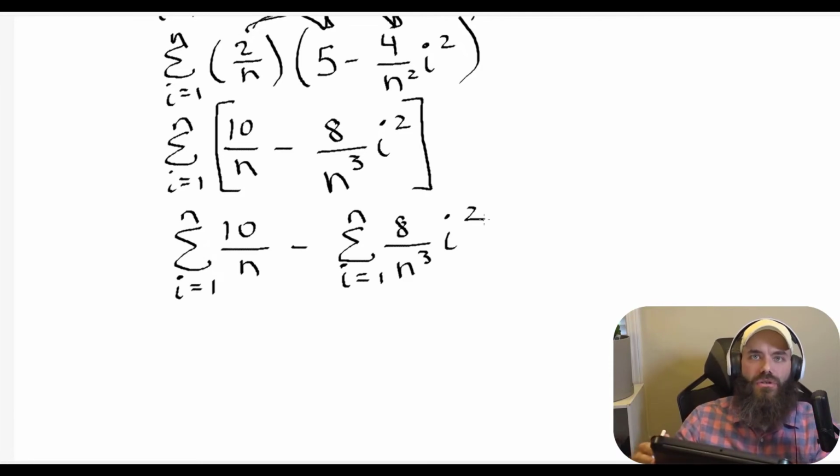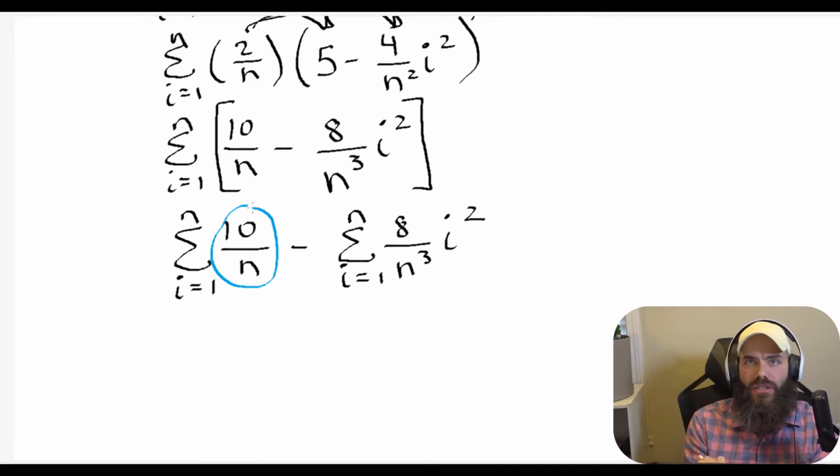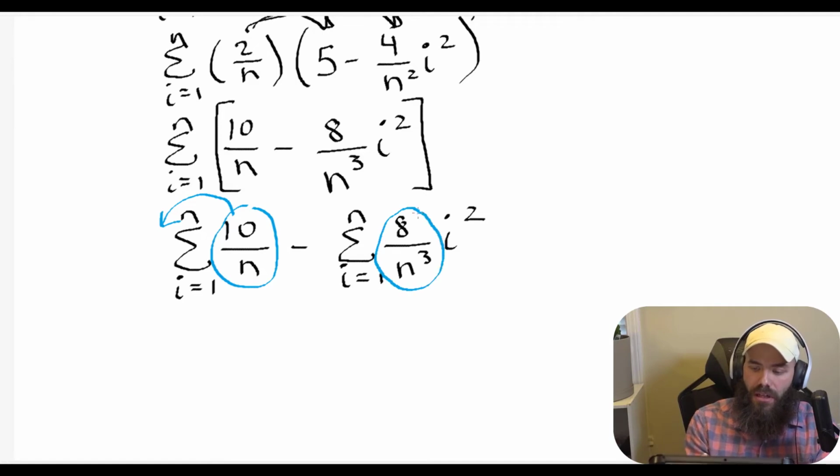Okay, now we can use a couple of summation rules. This first summation, there's no i in here, so we can actually just pull this out. Okay, and then over here in the second summation, we can pull out the coefficient 8 over n to the third from the sum.